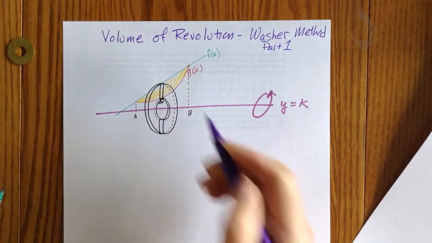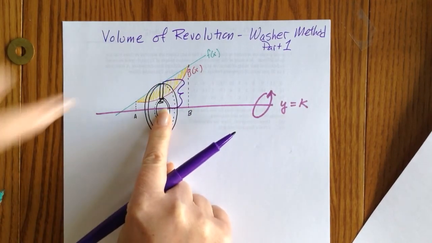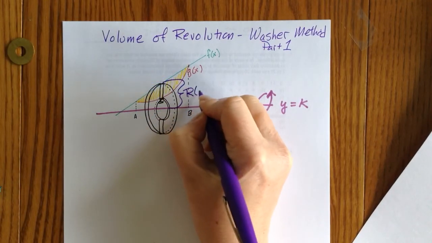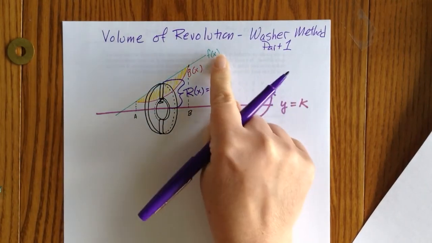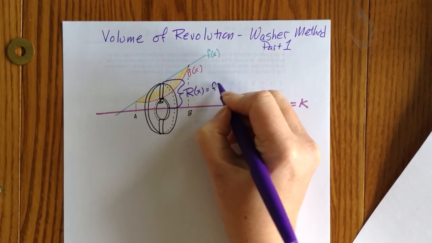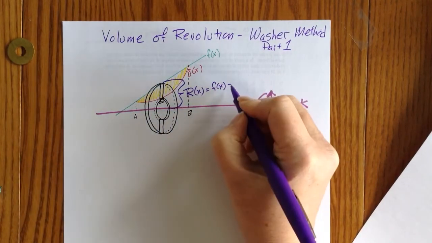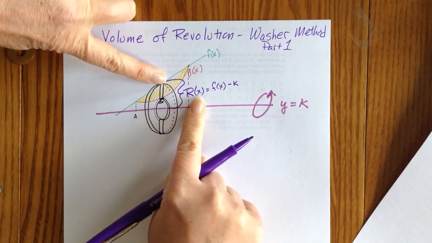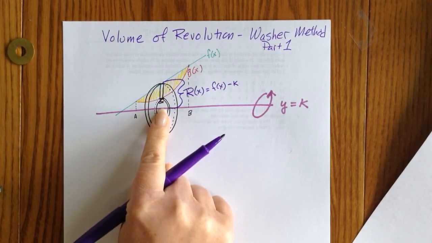All right, so here we go. Axis of revolution, farthest edge of the rectangle. That is capital R. It is a function of x because of that dx, and it is the top curve f of x minus the axis of revolution k, top minus bottom. That's your outer radius. Now, over here, put your finger on the axis of revolution, do it.